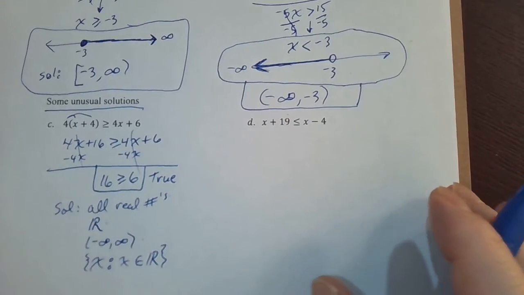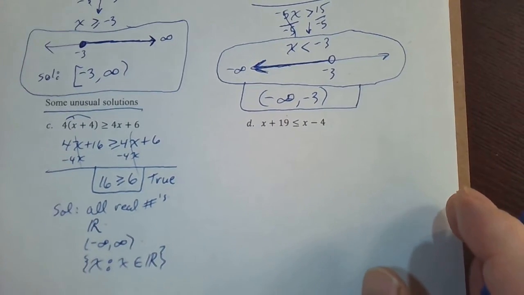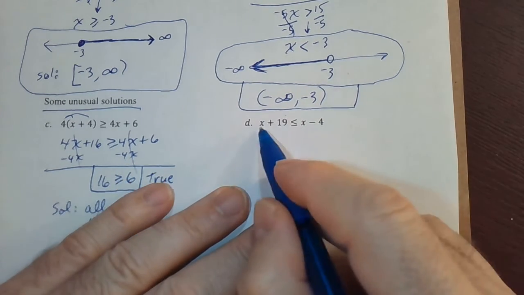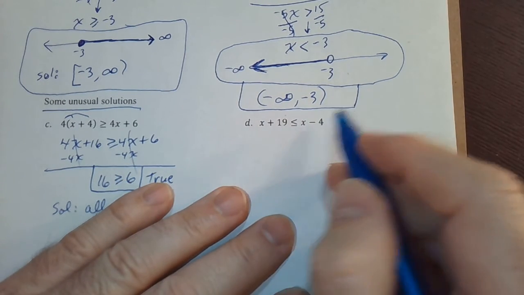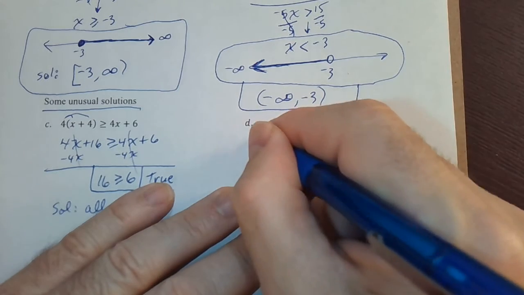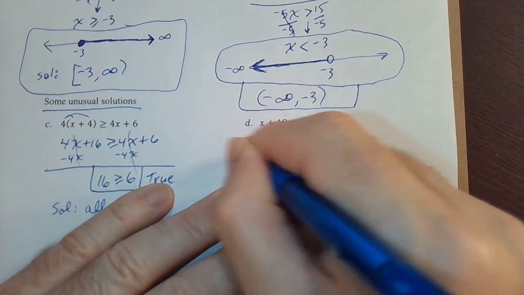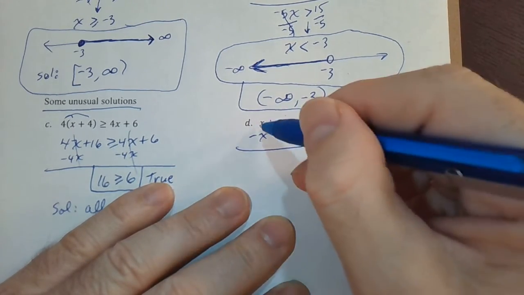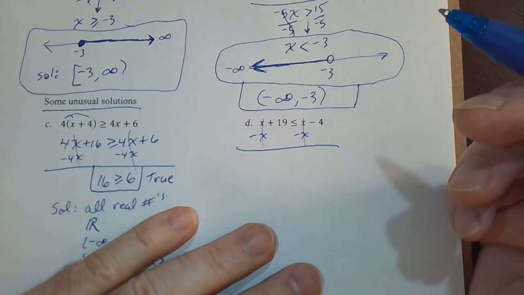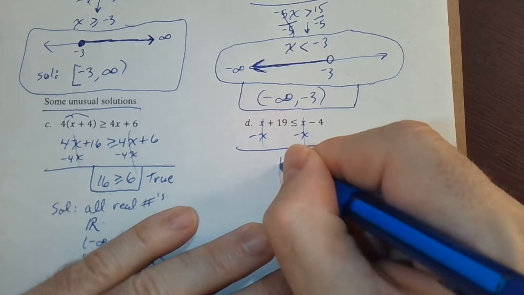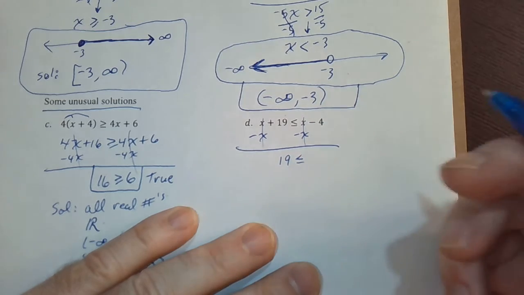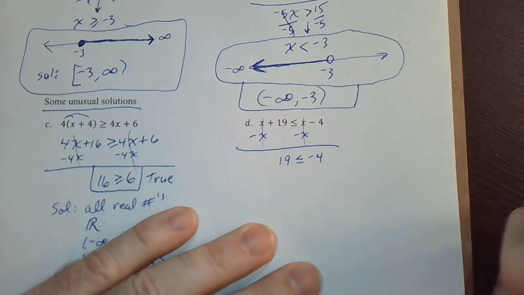Let's look at the next one. Another unusual example. X plus 19 less or equal x minus 4. Subtract x from both sides, and guess what? Once again, the x's dropped out, leaving us with 19 less than or equal to negative 4.